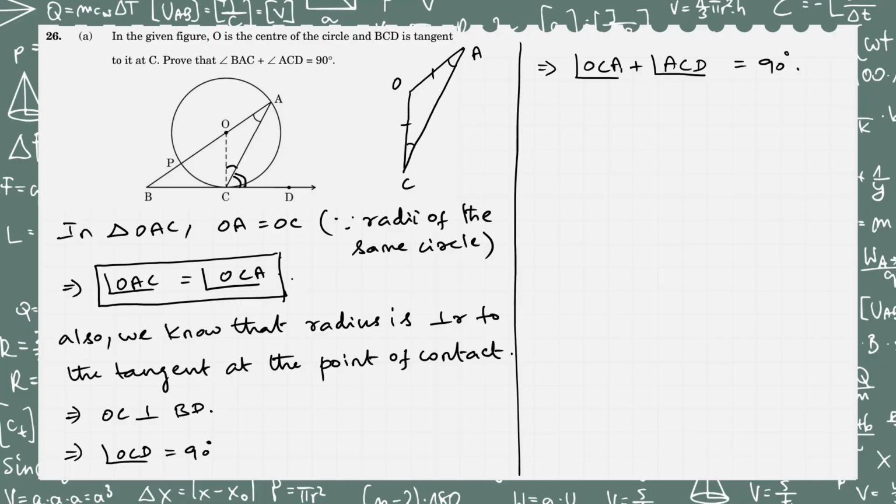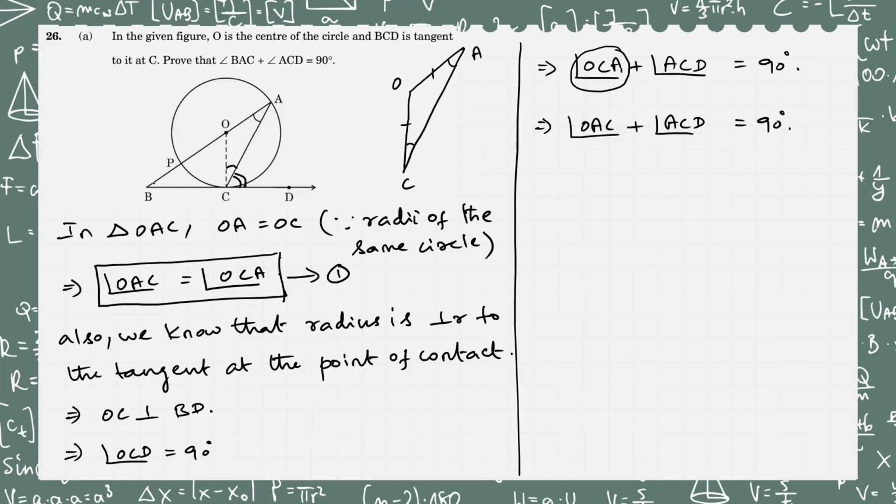And look at the item saved in equation 1. OAC and OCA both are equal. So we can replace this OCA with OAC. So angle OAC plus angle ACD equals 90 degrees, we can say. And look at the picture here.